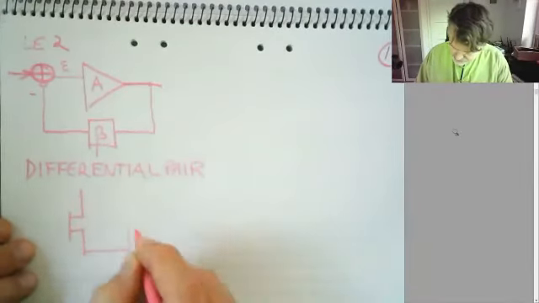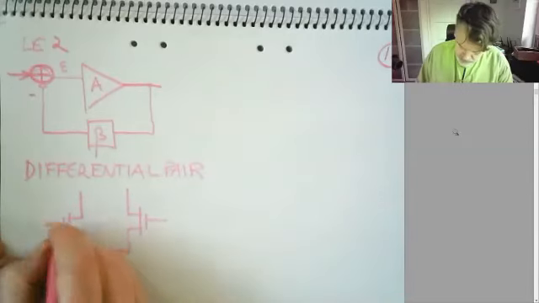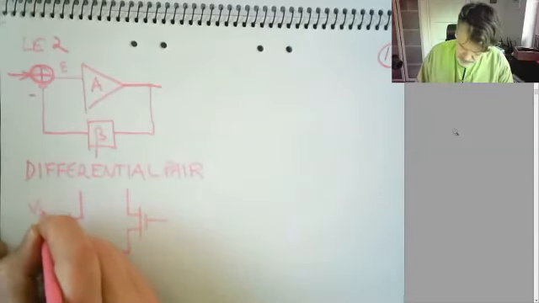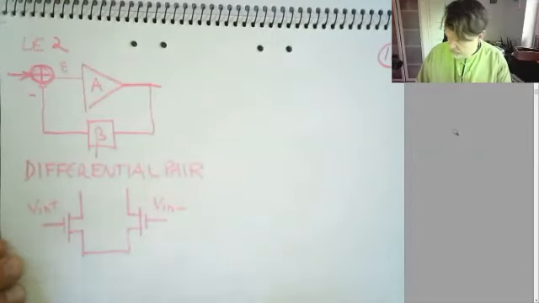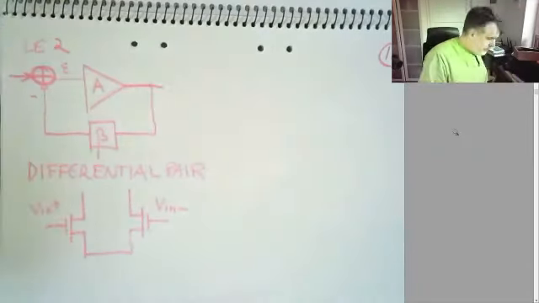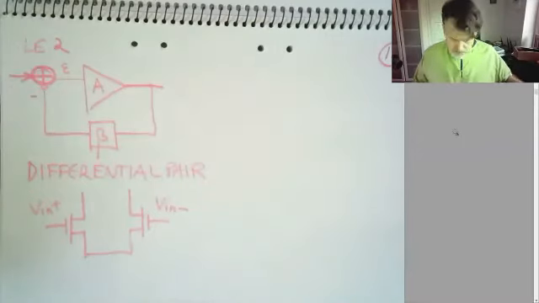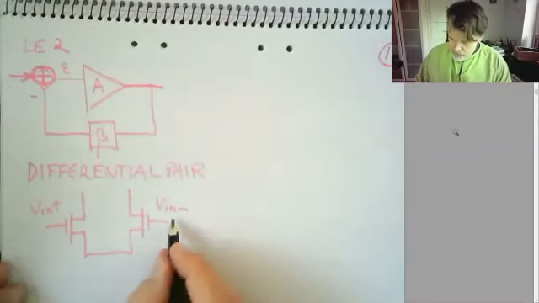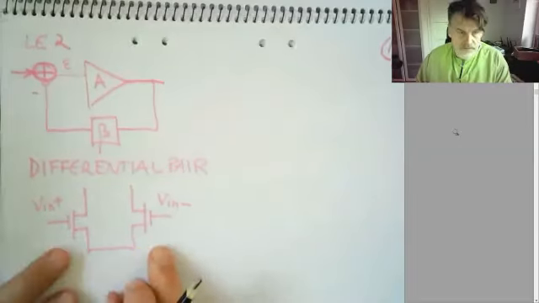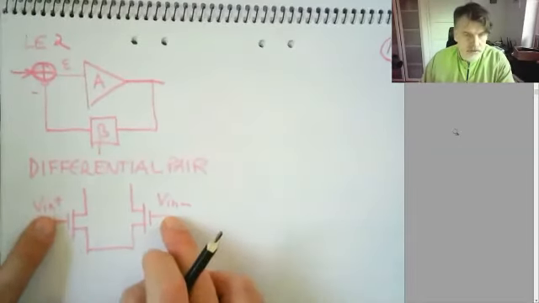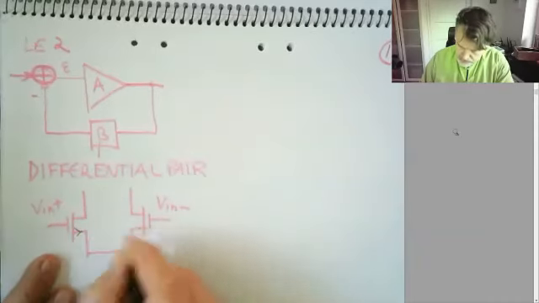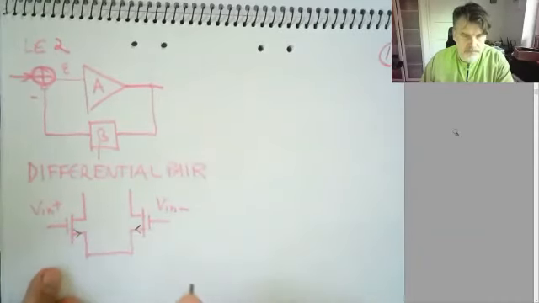Okay, so that's my input. V in positive, V in negative. So I could have done this some way, just connect them to 2 common source stages like this.